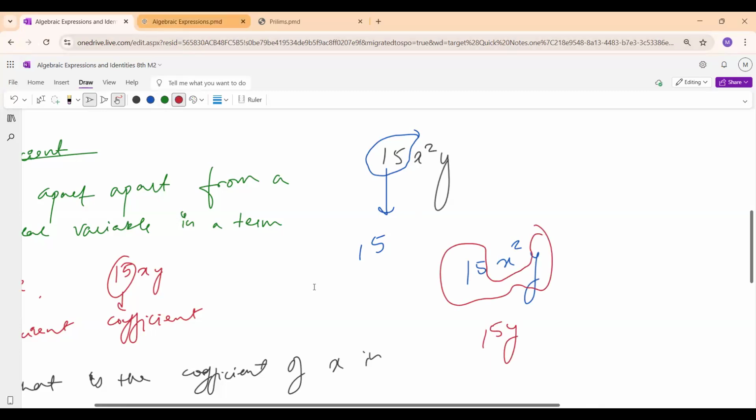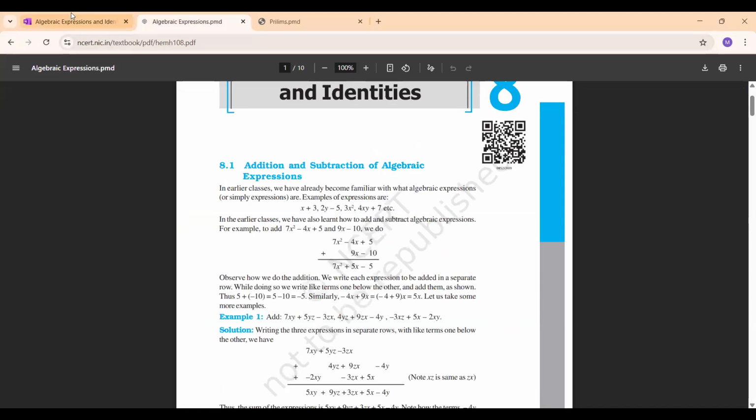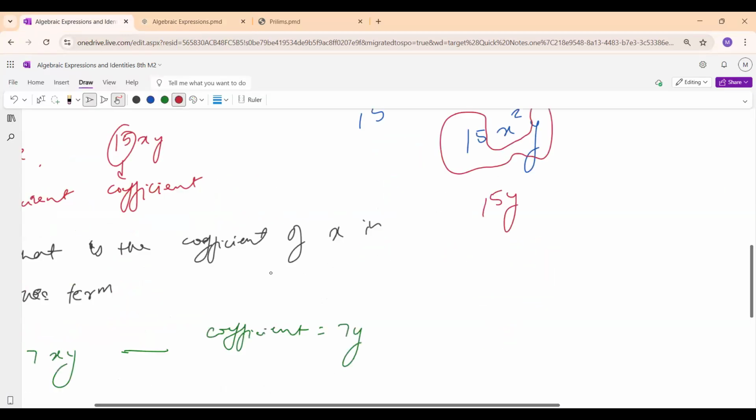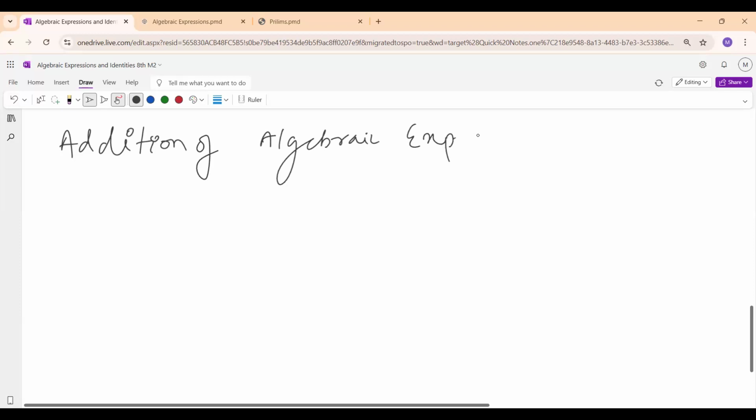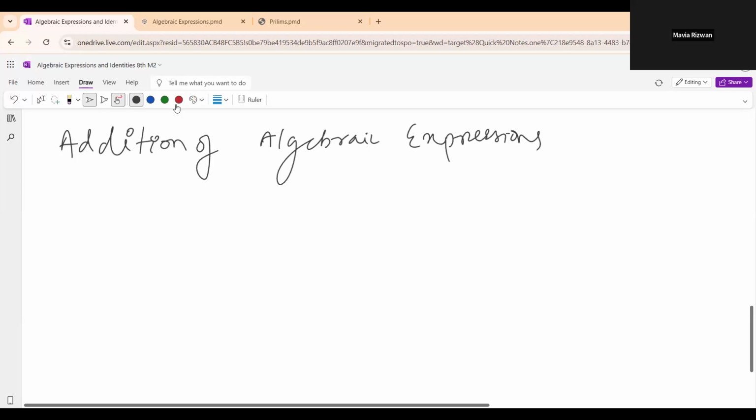Okay. Now, how to add algebraic expressions? Addition of algebraic expressions. Very simple.